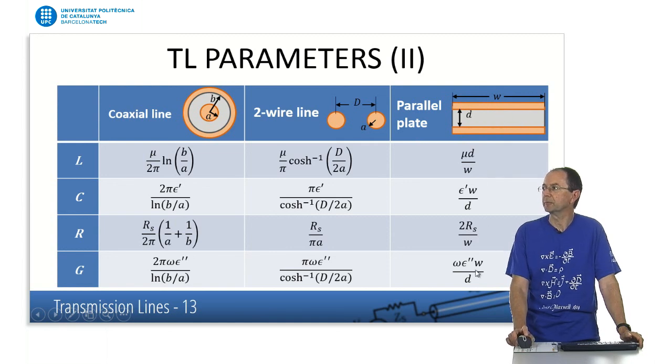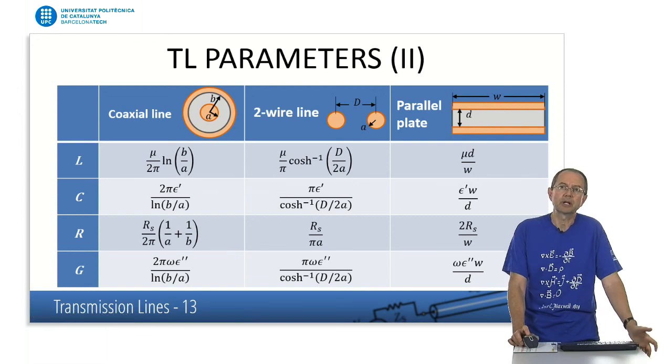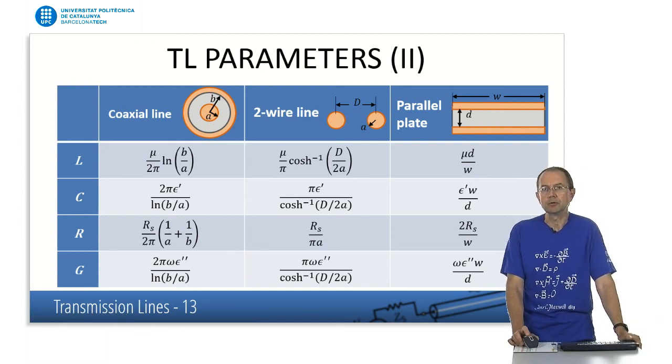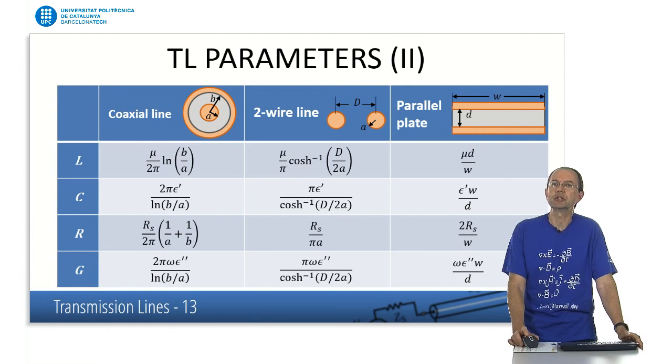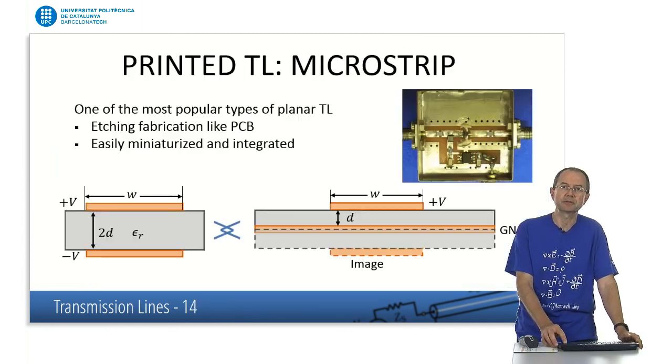So if you use a different line, and you have a description of the fields, you can always compute these constitutive parameters.